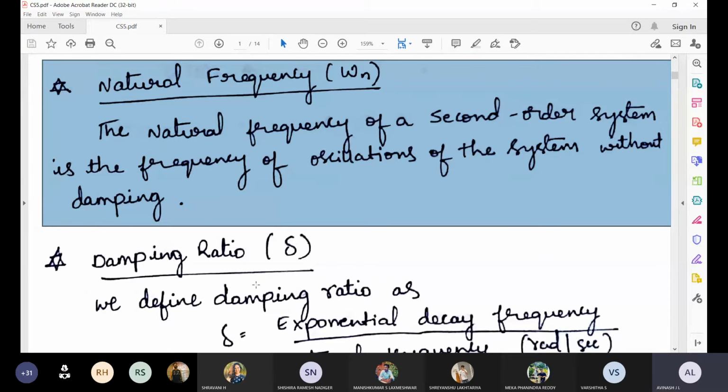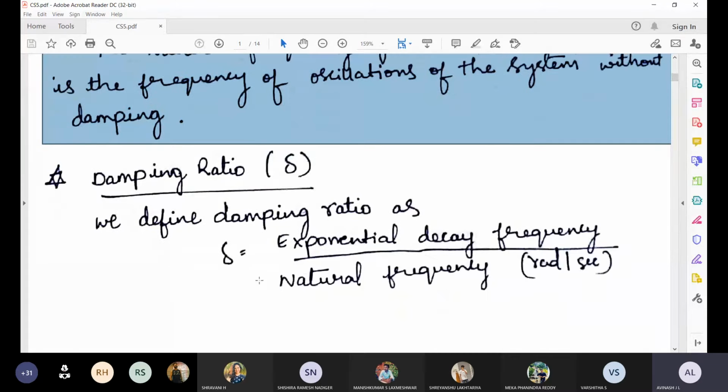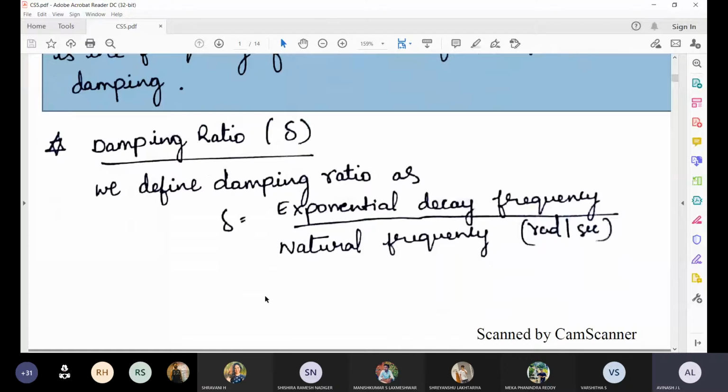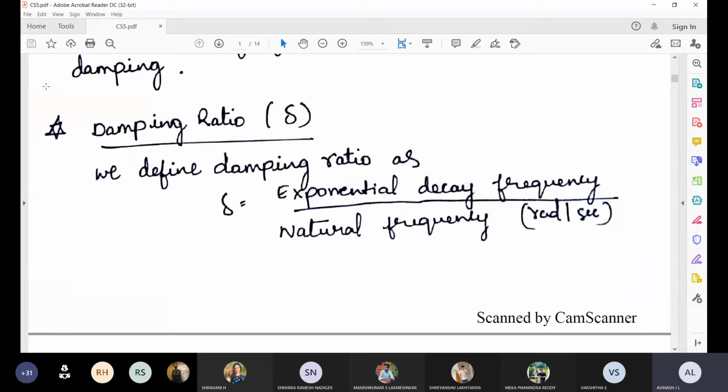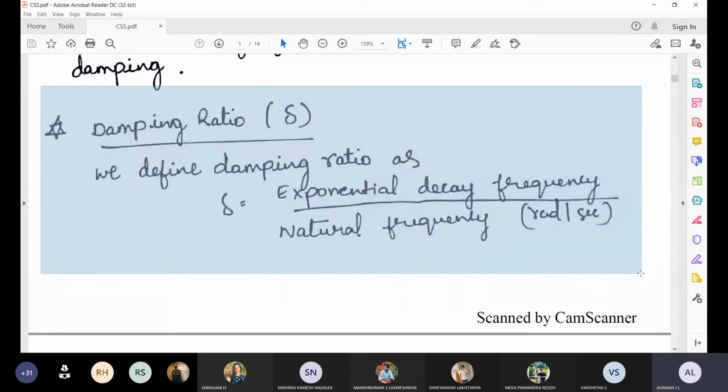Next is damping ratio, delta. What is this damping ratio delta indicating? Let's write down, all of you.